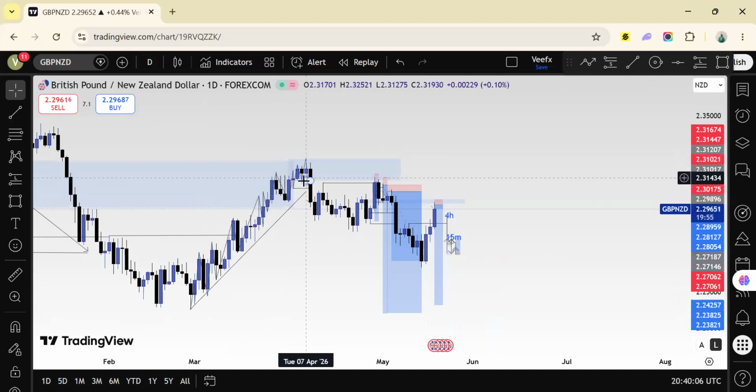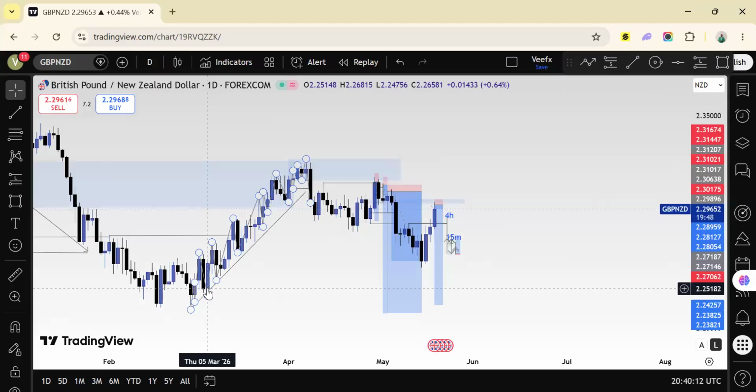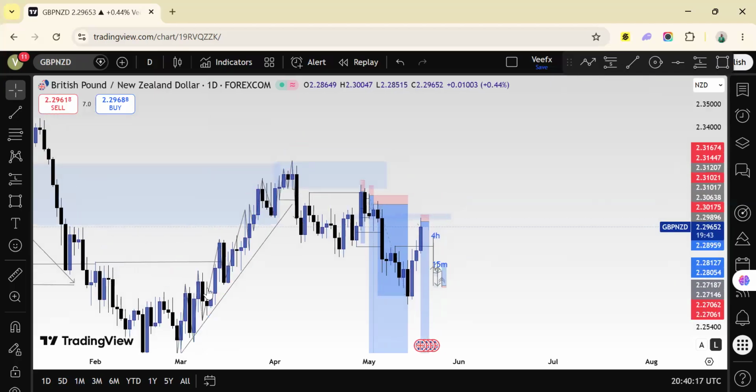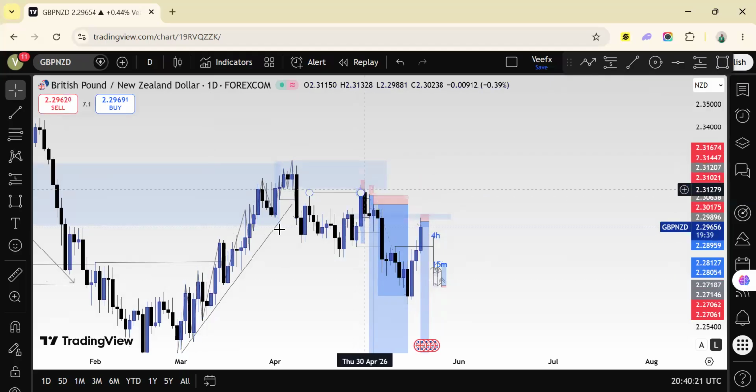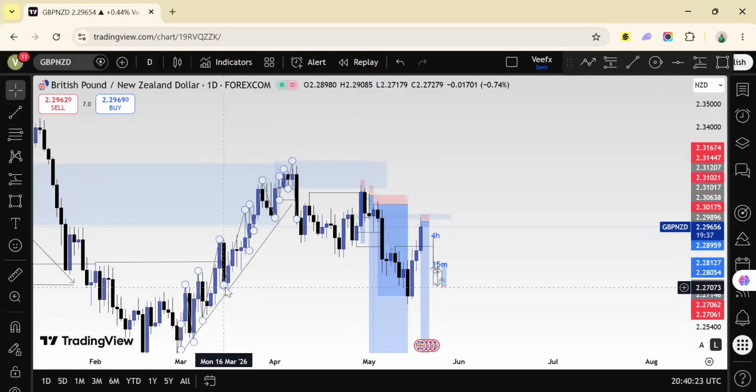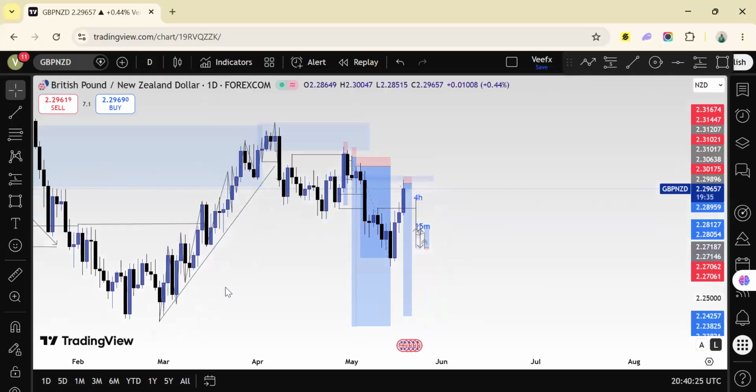It gave us a structure shift, and then there's trend line liquidity to clear here. So this alone is a full directional bias on its own. So I didn't just enter this trade from here. I would have, but it is a daily time frame, and it also gave us a whole good directional bias.